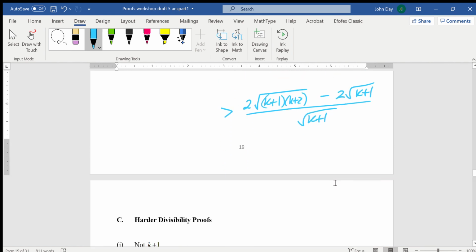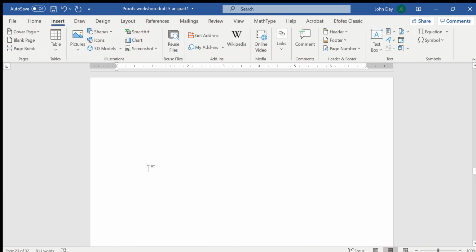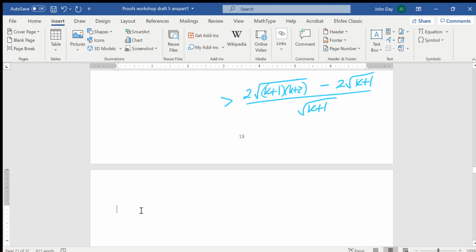All right, I'm going to need another page of room here with which to work. So I'm just going to pop in a page break here. And that's the point that I've made it up to. So the next step there will be to factorise, right? So I indent a bit more.